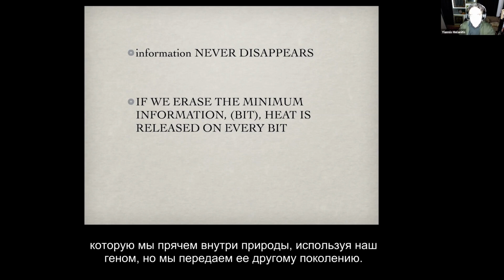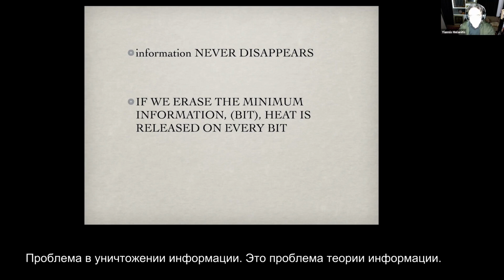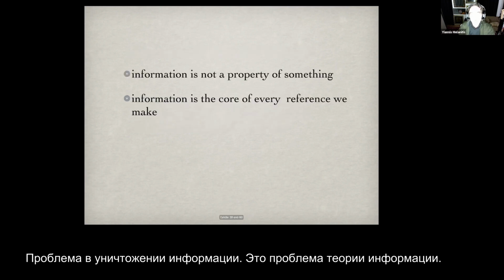We are hiding inside nature by using our genome, but we pass it to another generation. And information is never really disappearing, because we have to release heat to destroy it. The problem is to destroy information.